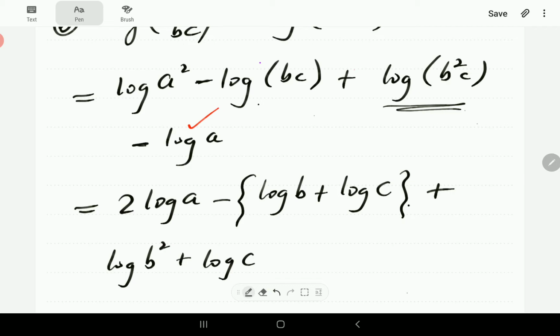The brackets are particularly important if the sign before the term you're dealing with is minus. And then of course that last term is log A.